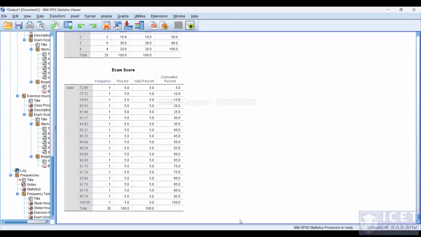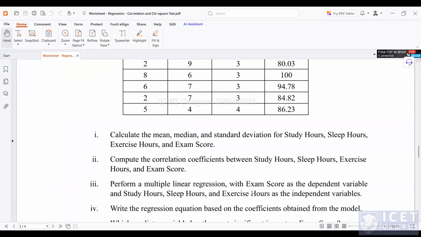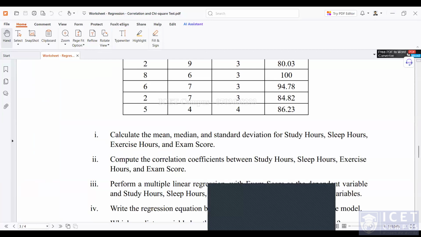Right. Second question is to compute the correlation coefficients between the study hours and the others. And next one, compute the correlation coefficients.